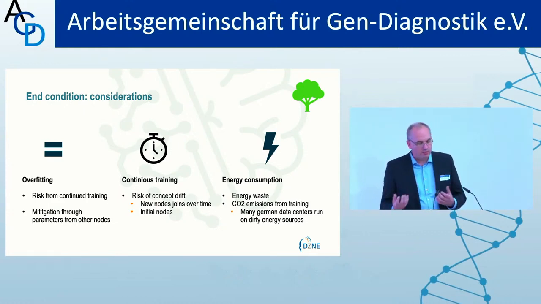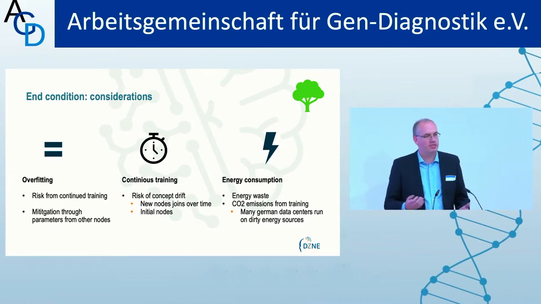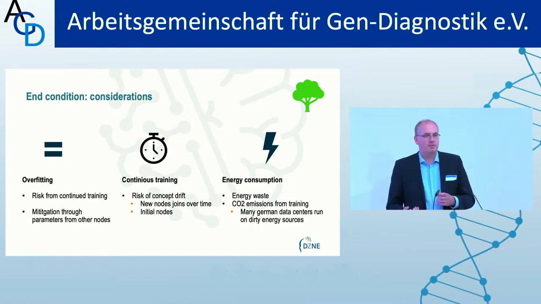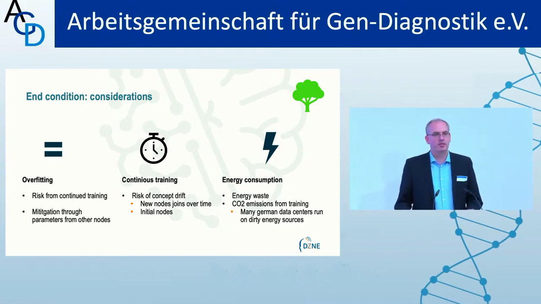Maybe you want to start with a pre-trained model like we've seen before, so you can already just do transfer learning. You can also say, I want to sparsify my model. If you already have experience with a model class, you might want to reduce the number of parameters that you need to train. And this is crucial because there's not only the topic of energy consumption, but also, directly related to that, the CO2 emissions.